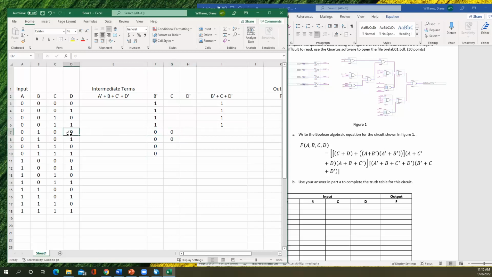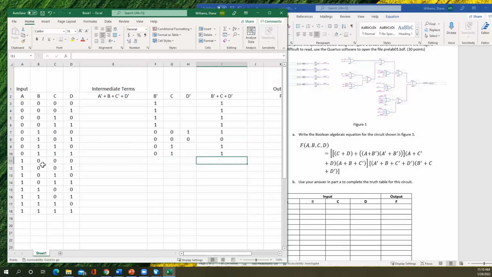In this row, D is a 0, so D naught would be a 1, and we end up with a 1 here. In this row, D is a 1, so D naught would be a 0, so there we've got a 0 in our OR gate output. Where C is a 1, we don't care what D naught is because we know this result is going to generate a 1.